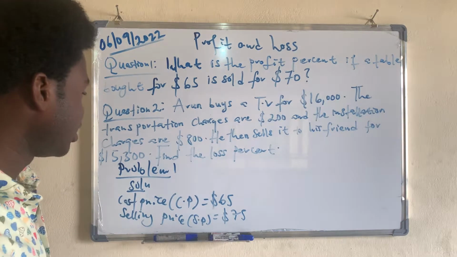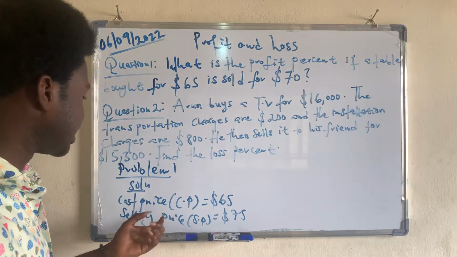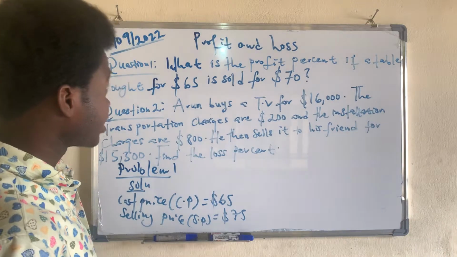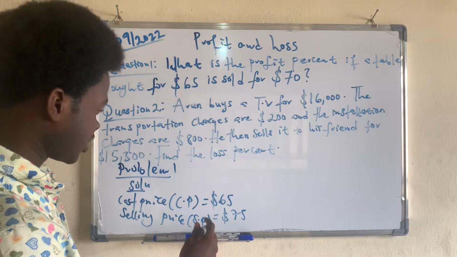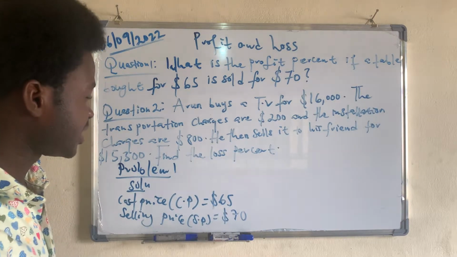So very quickly, you know that to obtain profit, it has to be selling price minus cost price. Okay, so this is $70, not $75. Thank you.